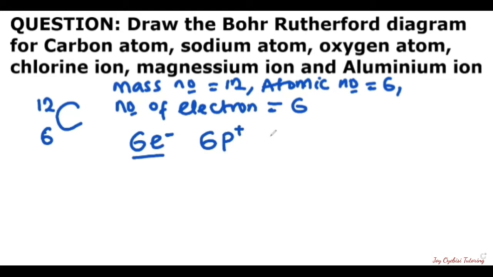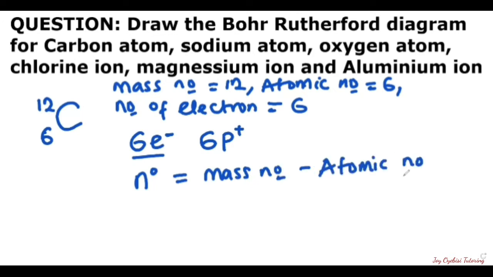And then neutrons. To calculate the number of neutrons, it will be equal to mass number minus atomic number. So here you have 12 minus 6, which equals 6.